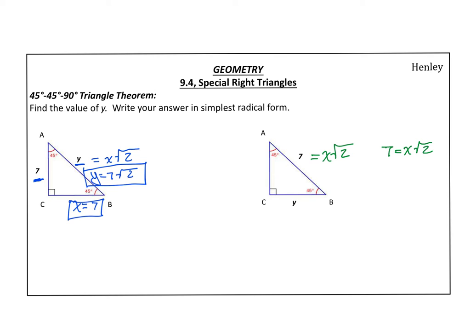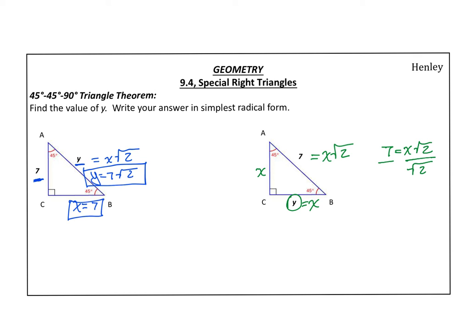If you look on the y side, we're calling this y, but remember, y is our x value. This side is our x value, and so is this one. Now let's figure out what these are. So 7 equals x times the square root of 2. Now we have to figure out what x is. So we are going to divide both sides by the square root of 2.